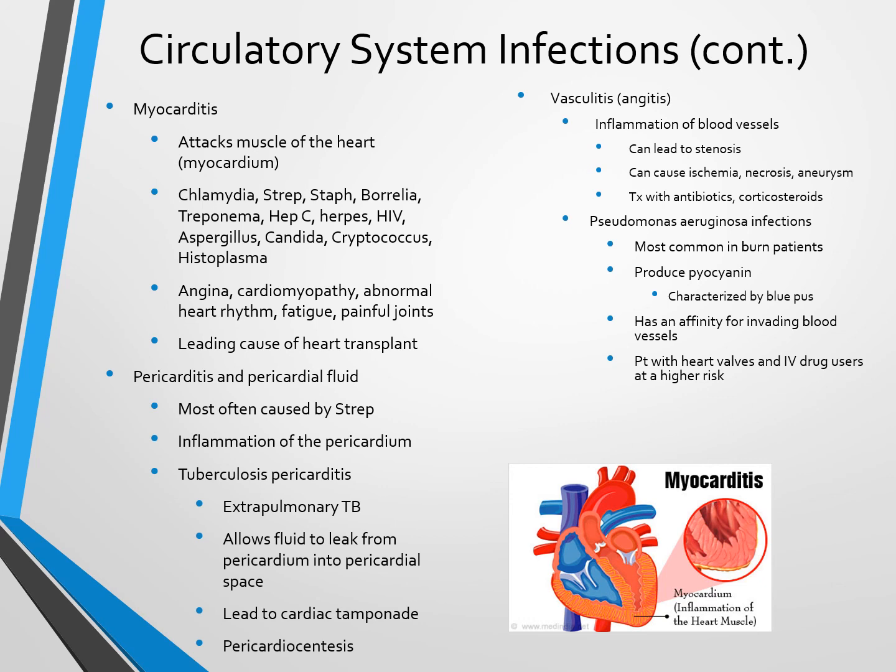Remember, we talked about how the wound can look dark, and that's because it produces a pigment called pyocyanine. And this can cause the pus to have a blue tinge to it. It also has an affinity for invading blood vessels, and that is referred to as ecthyma gangrenosum.